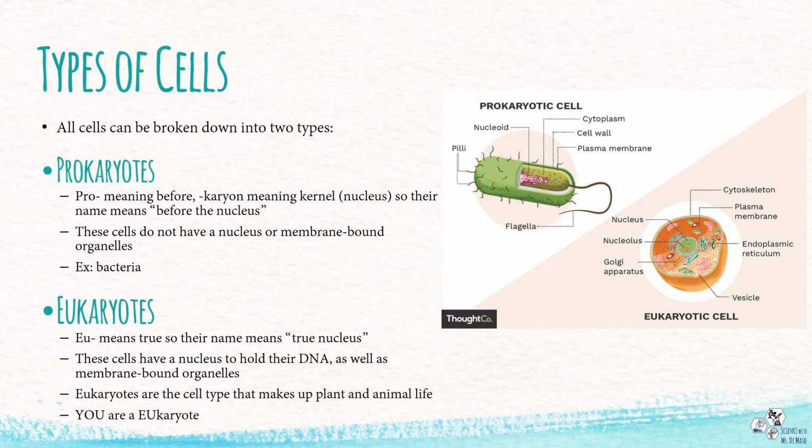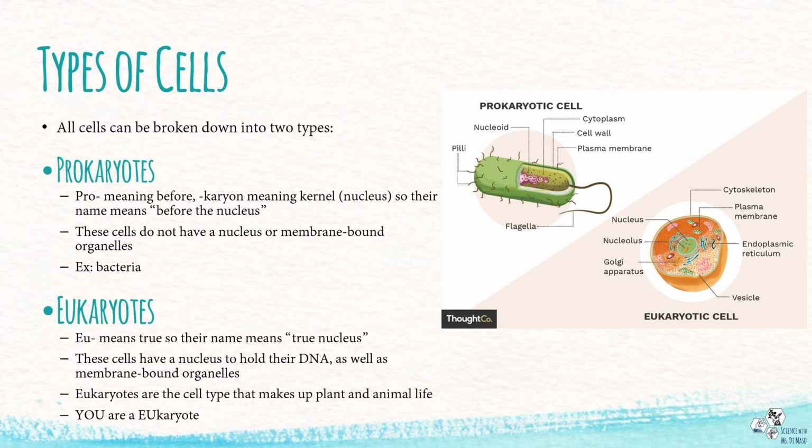So we can break down all types of cells into two groups: prokaryotes and eukaryotes. And the basics is a prokaryote is a cell that does not have a nucleus or membrane-bound organelles. We're going to talk a little bit more about what that means in a later slide. Things like bacteria.